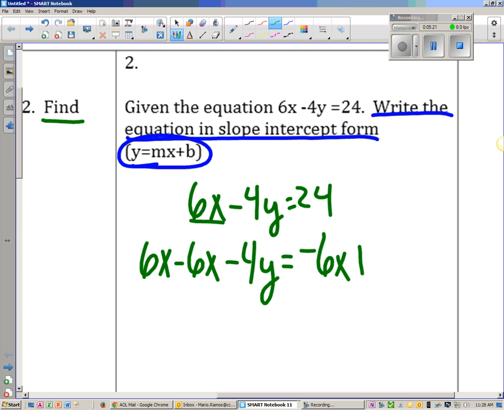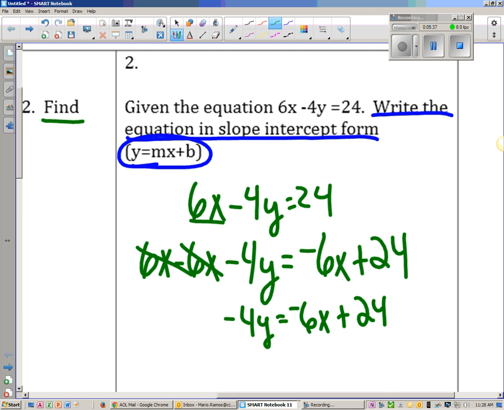I'm going to move the 24 over by adding the 24. Okay, so this zeroes out right here. I'm left with negative 4y is equal to negative 6x plus 24. To isolate the y, I'm going to divide by negative 4, which is the number that's right next to the y. It's not 4, it's negative 4. A lot of y'all made that error.